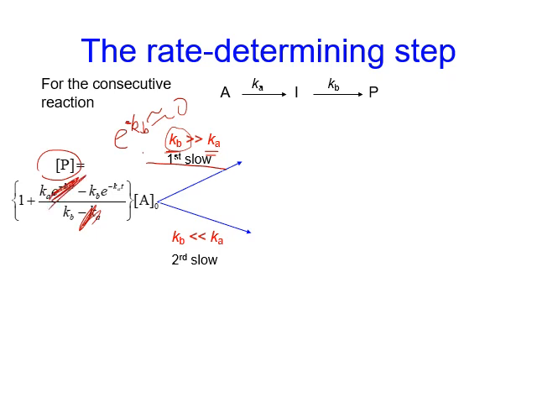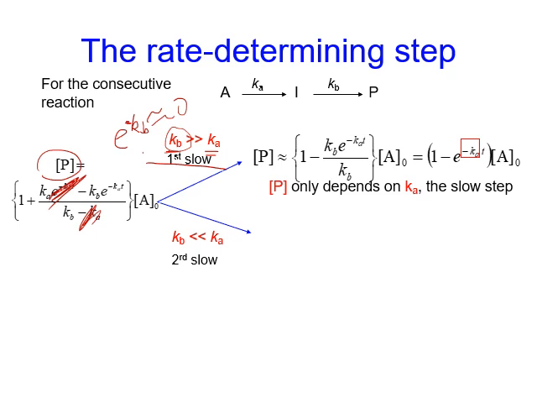And so what you have is this equation right here, and the Kb cancel each other. So eventually the product only depends on Ka, because Kb all canceled in this equation. That means the product only depends on the slow step rate constant. It's the slow step that determines the product.